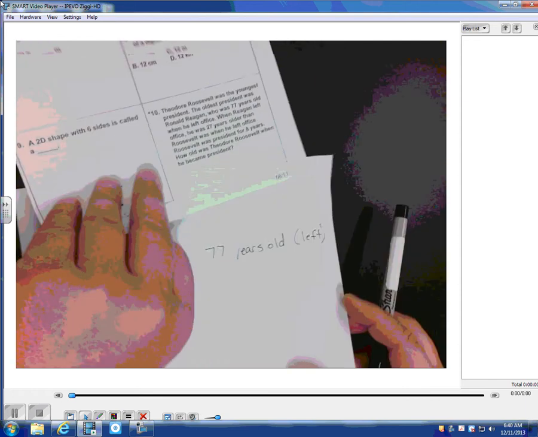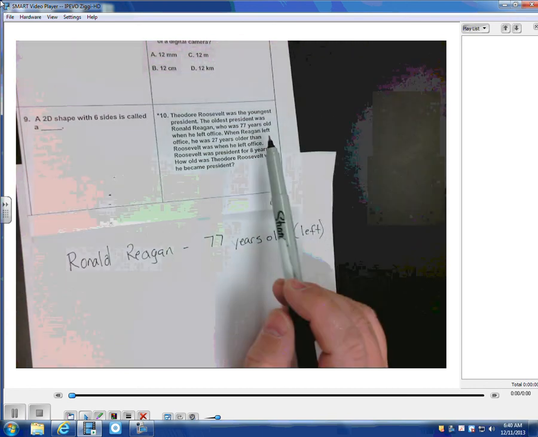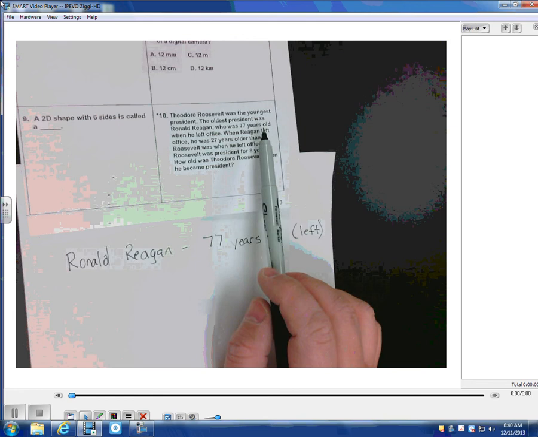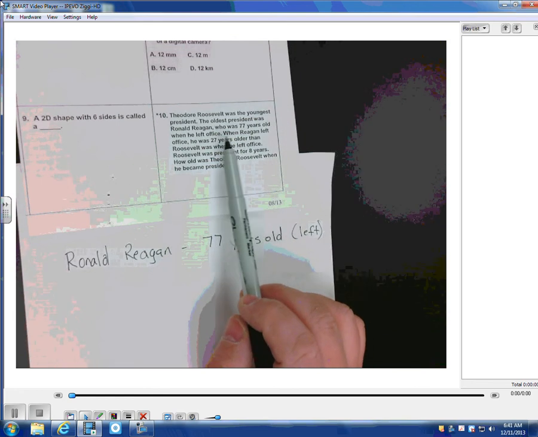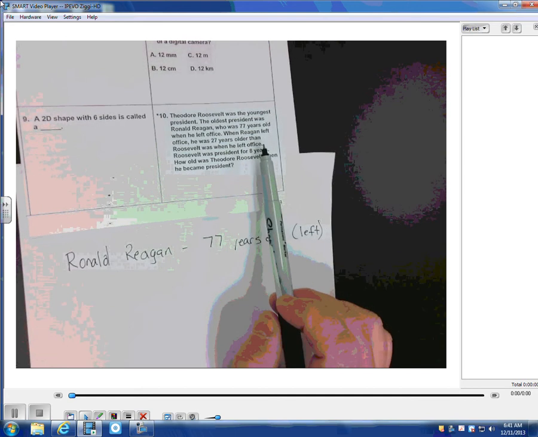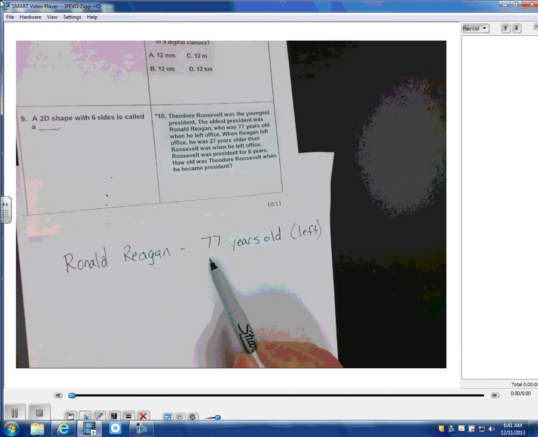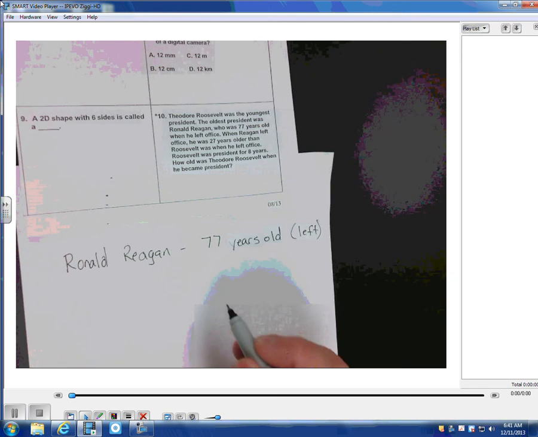All right, so let's look at this one. Okay, so I wrote down here Ronald Reagan was 77 years old when he left office. And I just got that information from right here. Now, it tells me that when Reagan left, he was 27 years older than Roosevelt. So he was older. So if I wanted to determine Roosevelt's age, I know Ronald Reagan was 77 years old, so he was 27 years older than Roosevelt. So I know I would subtract.